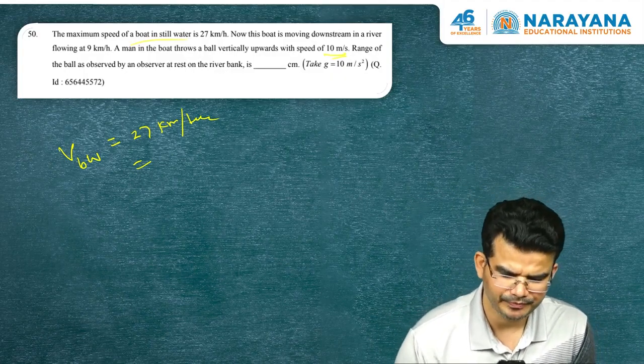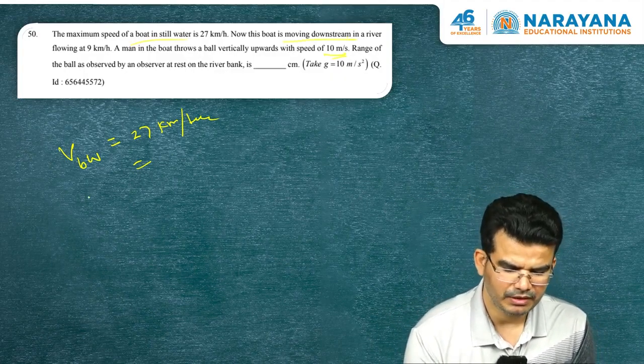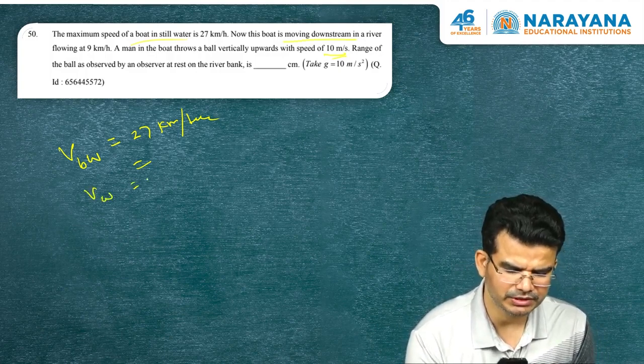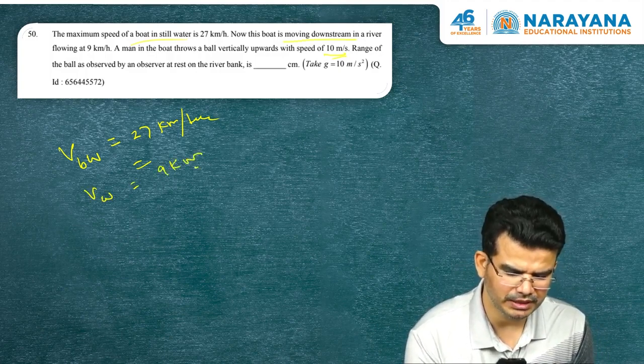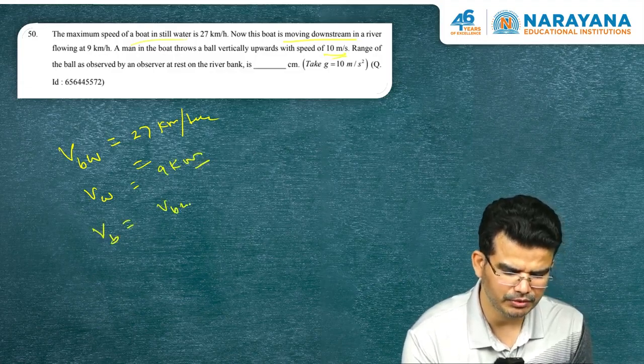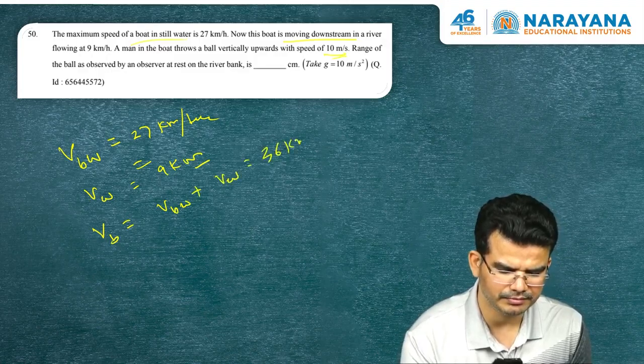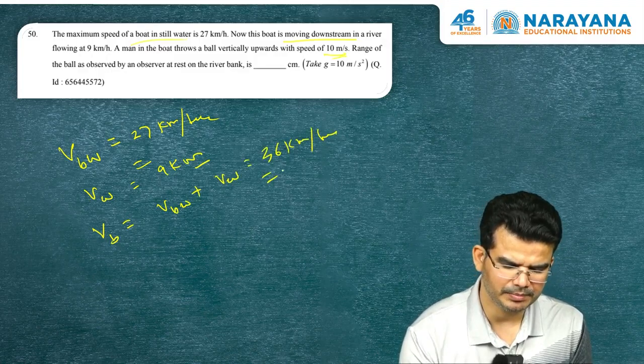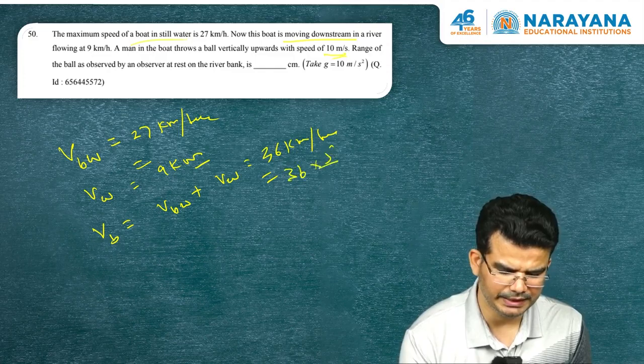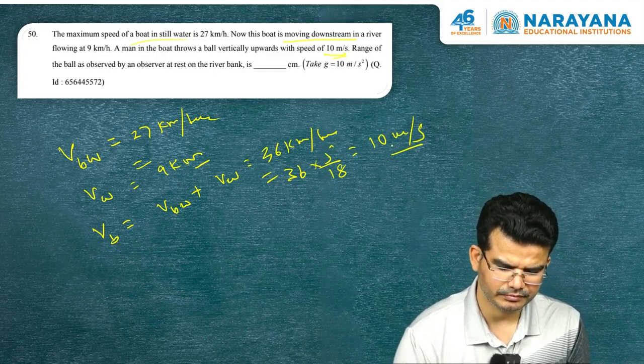So, we will see. Moving downstream, the velocity of water is 9 km per hour. So, the velocity of the boat downstream will be VBW plus VW, very simple, which is 36 km per hour. In meter per second it is 36 into 5 by 18, which is 10 meter per second, correct?